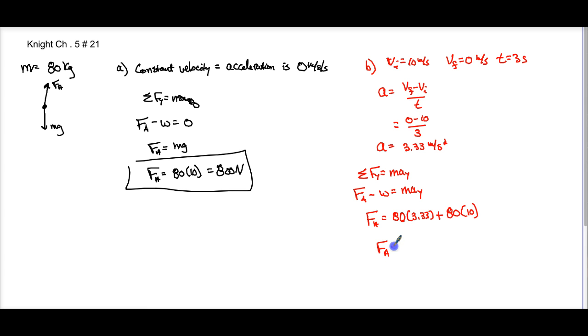And when we put that all together, we find that he feels like he weighs 1,066 newtons, because that extra acceleration is now working against him to stop him, so he's going to feel heavier than he actually weighs. So that is Chapter 5, number 21.